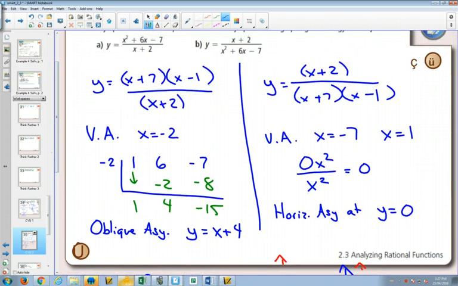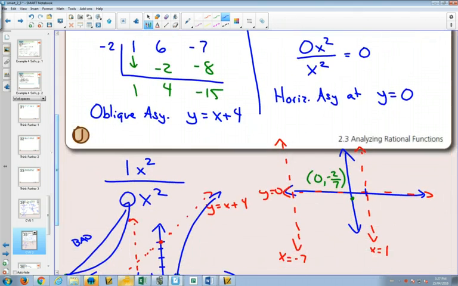Can you see on the top here that it's equal to 0 when x is equal to -2? So this is one of those graphs that goes through that asymptote. So we're going to find this section here.